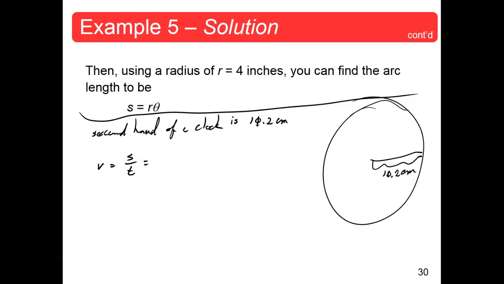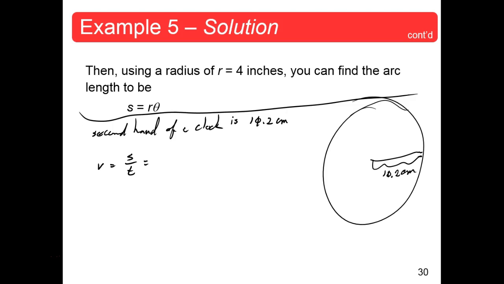we're talking about the tip of the second hand. What is the arc length cut in a given time? What time would be a convenient time to use?